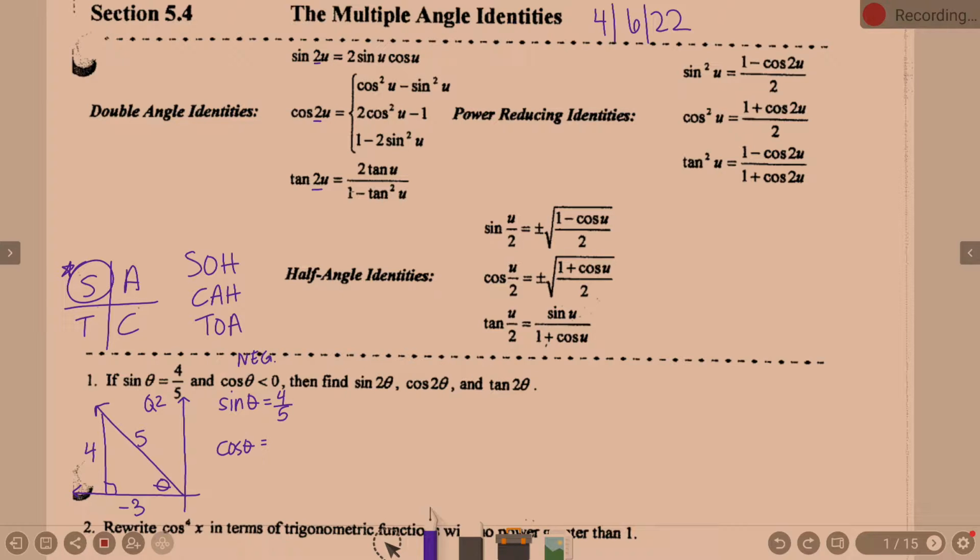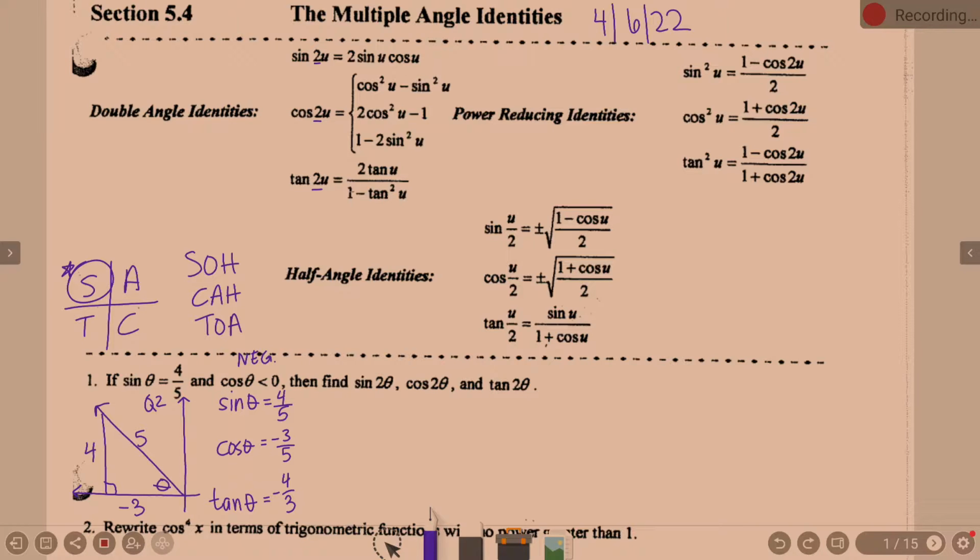Negative 3/5, because we're talking adjacent over hypotenuse. What about tangent of theta? 4 over negative 3, so I'm going to say negative 4/3. Okay, in my opinion, that's the pre-work.